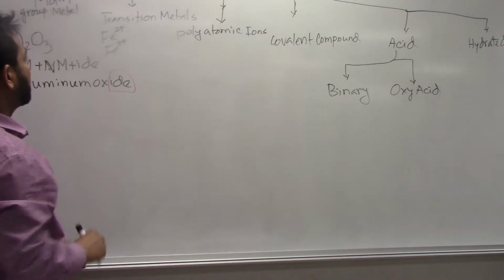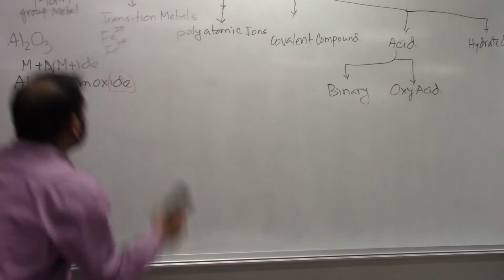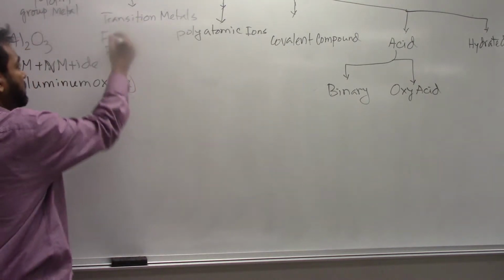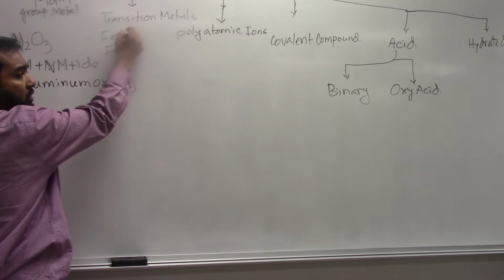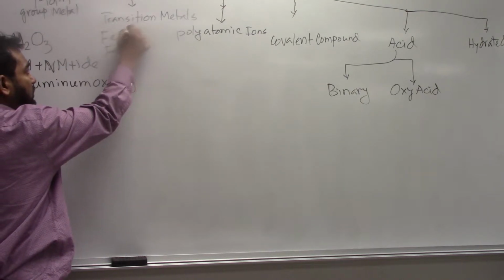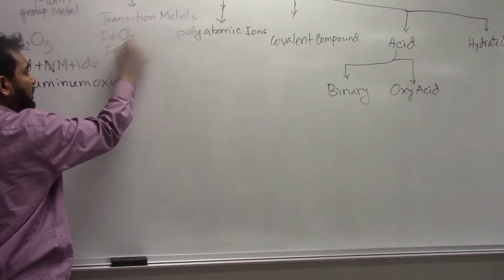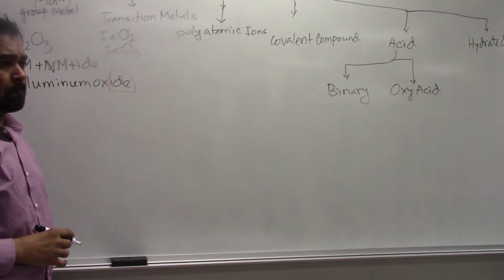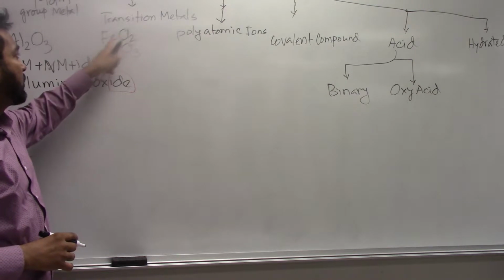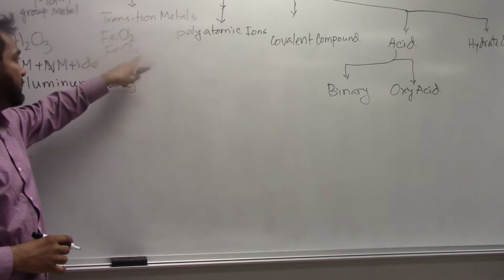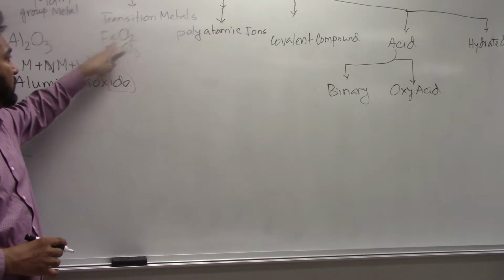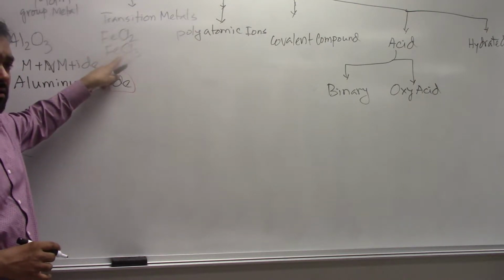So when you write an ionic compound, these charges will go to subscript. So if you make it with chlorine, that would be iron chloride, FeCl3, right? So this 2 comes from the charge of iron, this 3 comes from the charge of iron, and the chlorine charge is 1, becoming 1 in here, 1 in here, right?